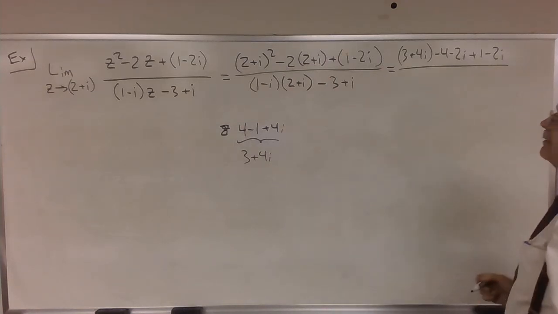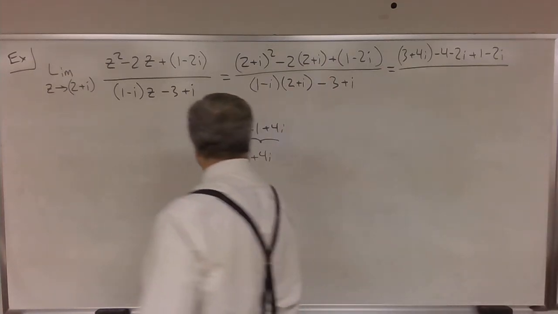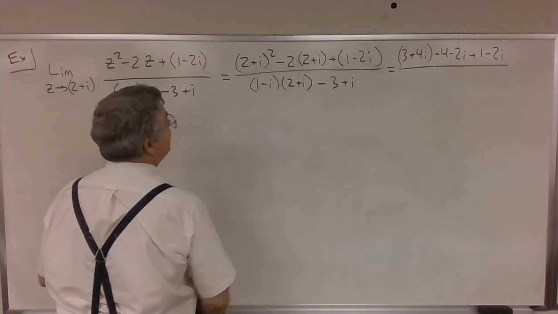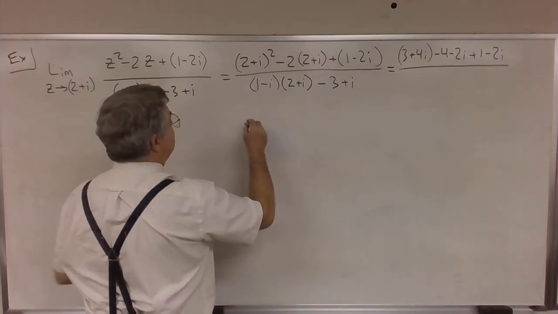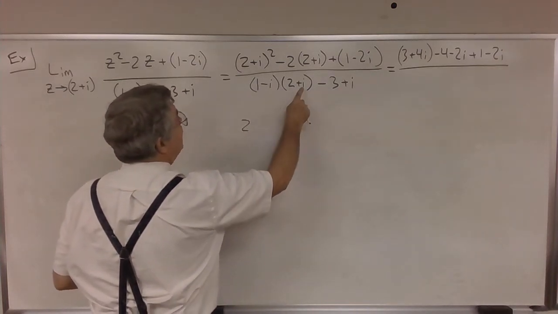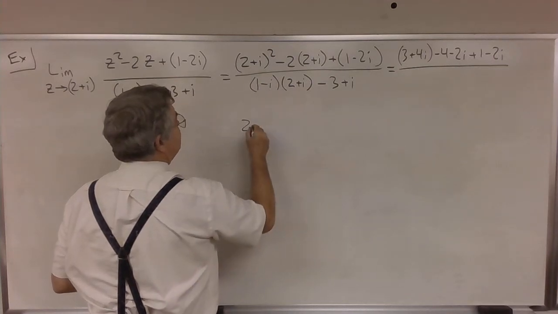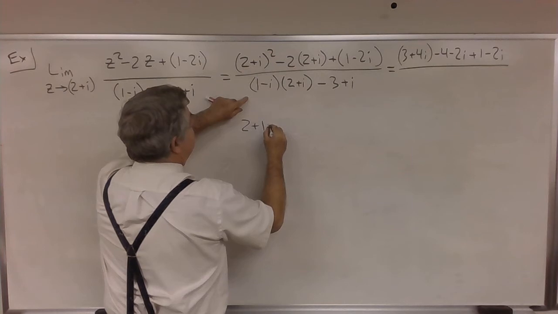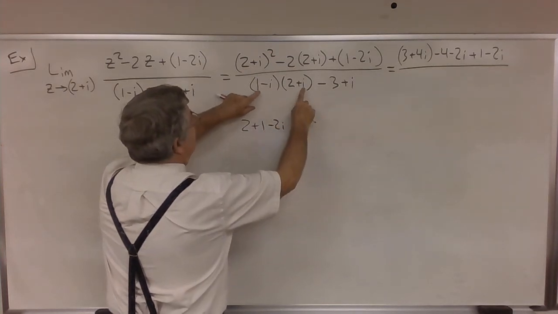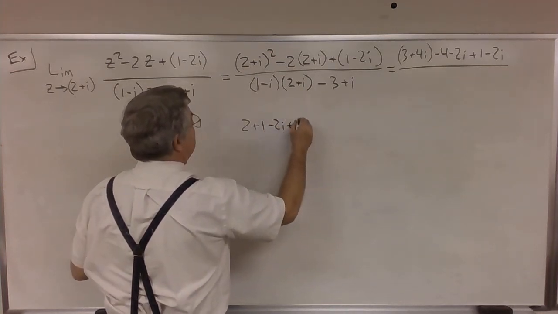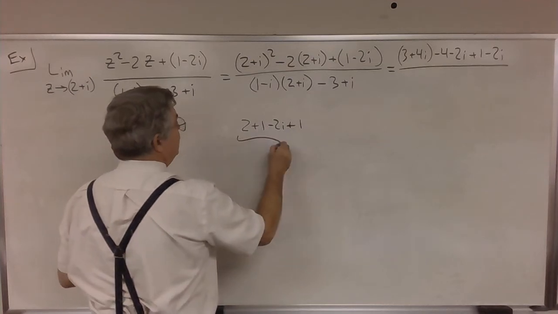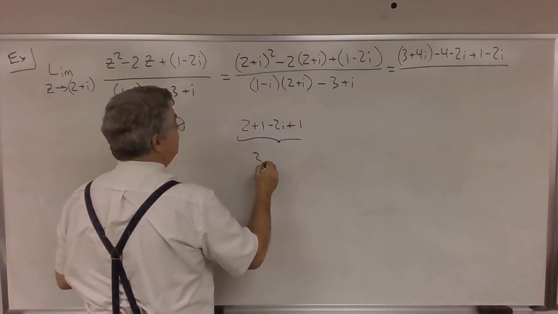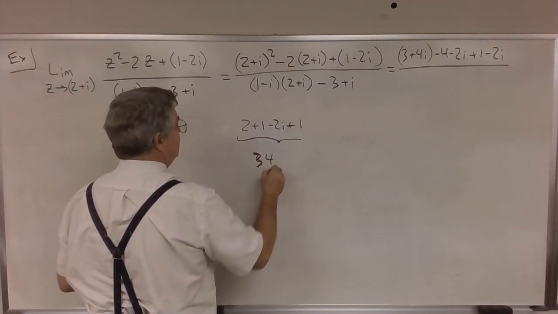And on the bottom, we get 2. i times negative i is 1. And we get minus 2i plus i. So that is 3, 4.